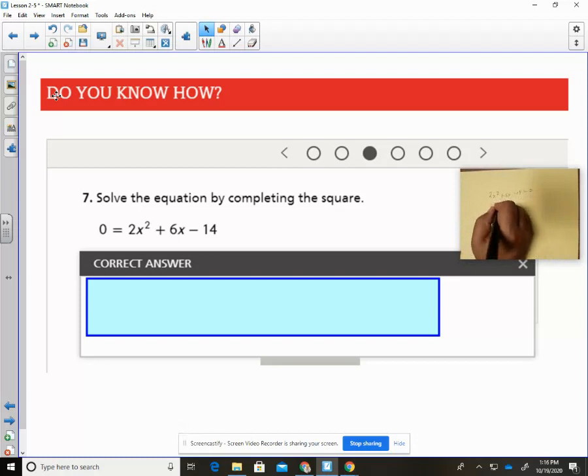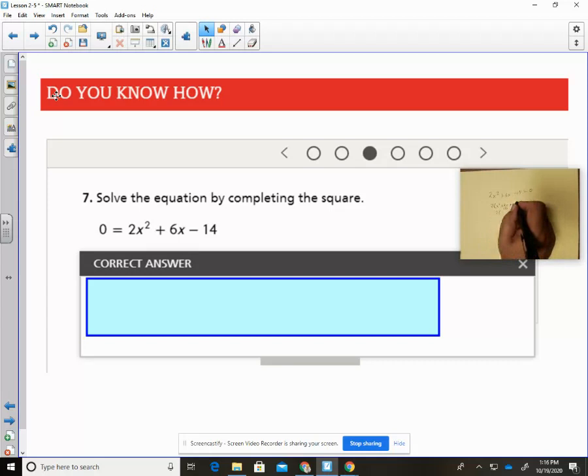So I'm going to say 2 times x squared plus 3x plus something. Still going to get a fraction, aren't we? Equals 14.